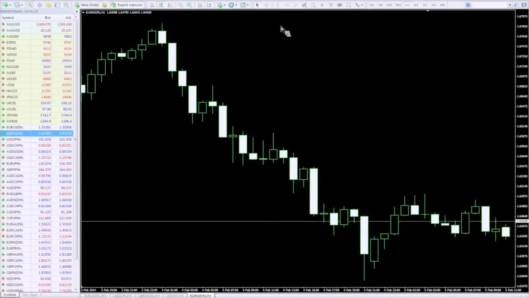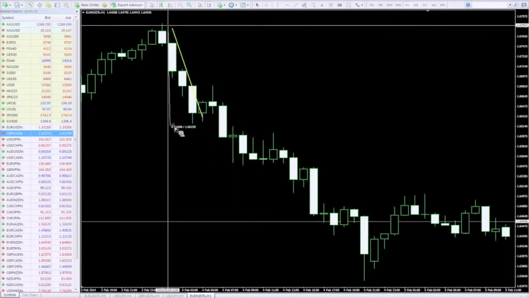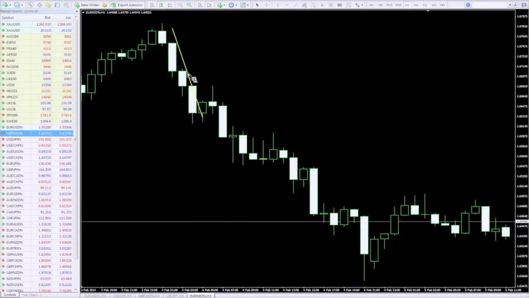Okay? We also learned yesterday that each of these thrusts generally will equal the next thrust. So this is our first thrust down, and it's roughly 160 pips. Let's call it 150. Okay?